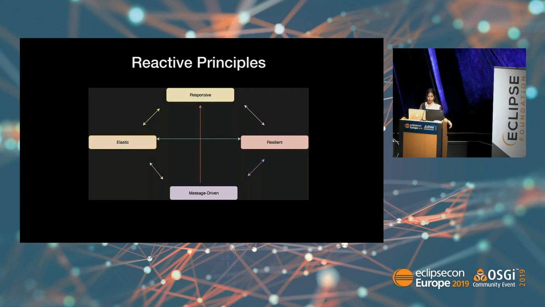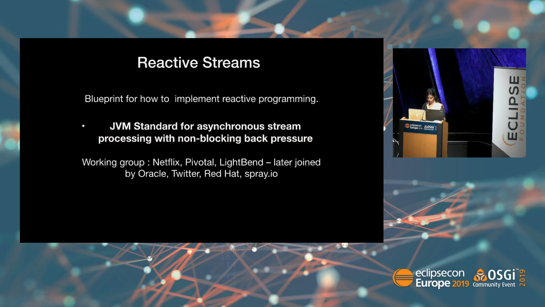Unlike in Java, where if you hit a failure, an exception is simply thrown and caught, in reactive systems you have to deal with it. If a failure happens, what happens next? That is how reactive systems are built. And message-driven is simply the idea that each of the independently running components can talk to each other with messages.